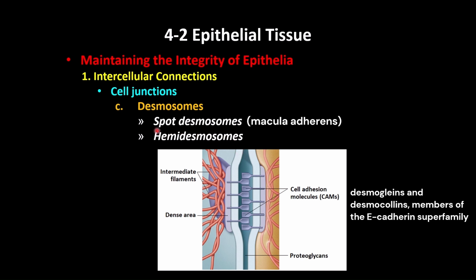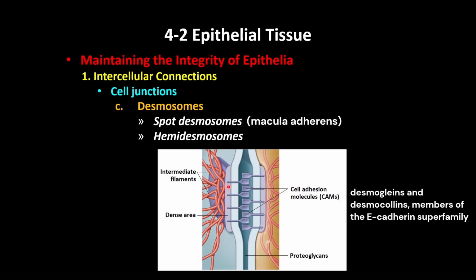I'm talking about the epithelial cells. For example, in this image you can see this is one cell wall, this is another cell wall here, and they are connected with each other by these cell adhesion molecules. These are transmembrane proteins, and they are interlocking each other.